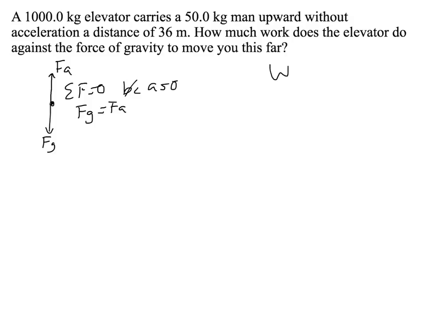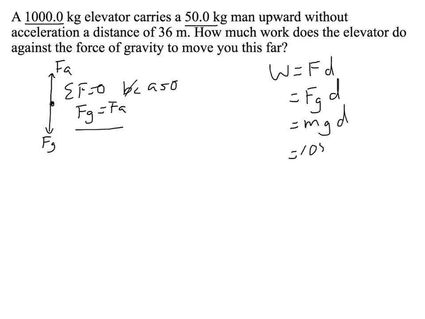Now our equation is work equals force times distance. The force in this case will be Fg. Okay, it'll be equal to Fg because Fg equals Fa, times distance. Fg is going to be mg times distance. Mass, we are told, is 50 kilograms for the man, 1,000 for the elevator.